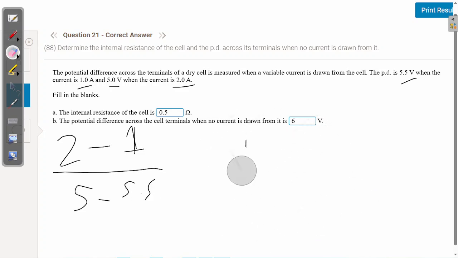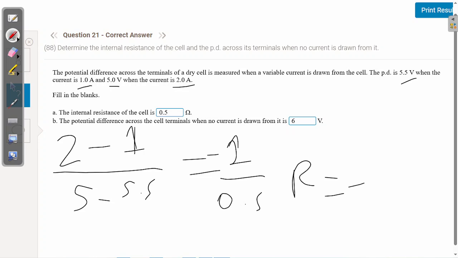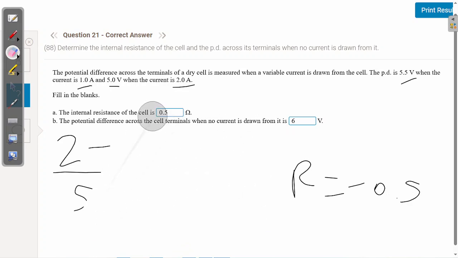What do you get? You get negative 1 over 0.5. This is 1 over R, so R will be equal to negative 0.5. Okay, but negative doesn't really matter, it's just 0.5.